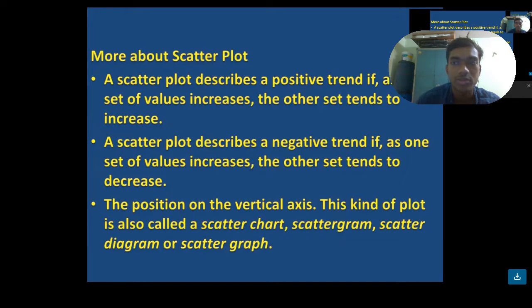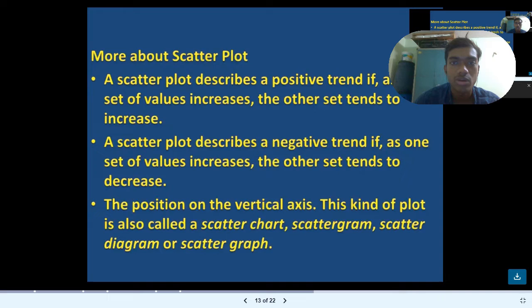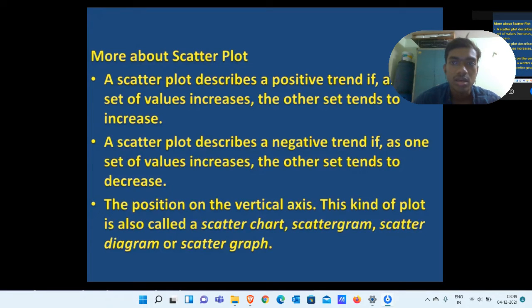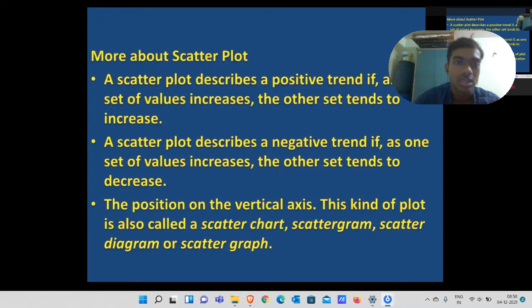This is more information about scatter plots. A scatter plot describes a positive trend if, as one set of values increases, the other set tends to increase. This is the case when the slope is positive. So if x is increasing, y will increase, and vice versa.